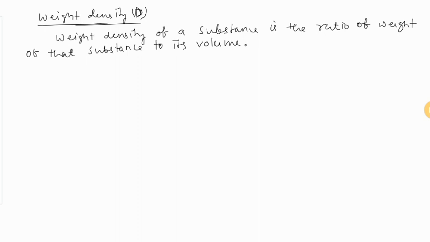That means if the substance has a weight of W and its volume is V, then D is equals to weight by volume.